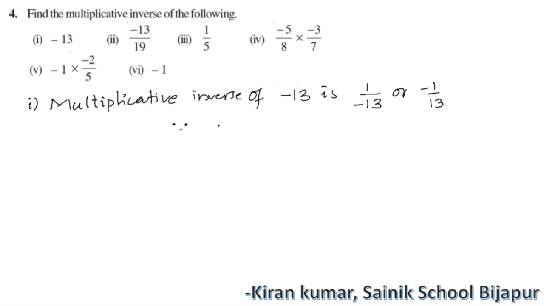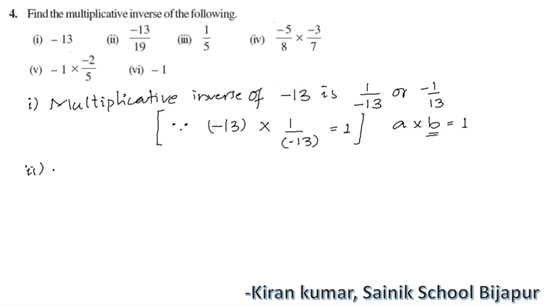The reason is when negative 13 is multiplied with 1 by minus 13, the product is going to be 1. Whenever A is multiplied to B and we get the result as 1, B is said to be the reciprocal of A or the multiplicative inverse of A.